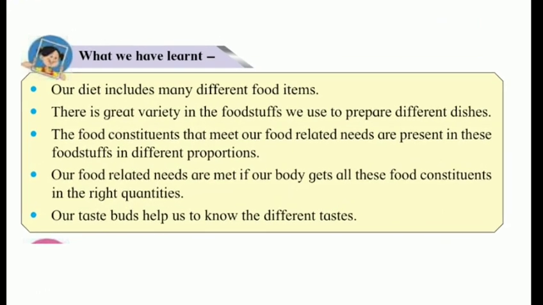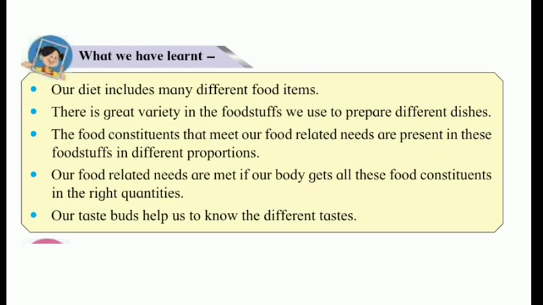And now, students, we will have a quick recap of what we have learned. Our diet includes many different food items. There is a great variety in the foodstuffs we use to prepare different dishes. The food constituents that meet our food related needs are present in these foodstuffs in different proportions.